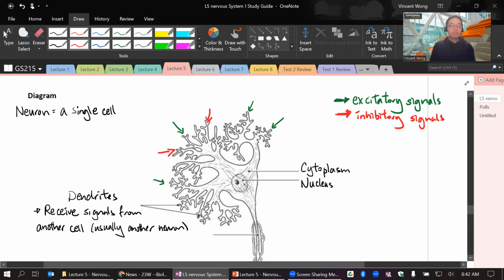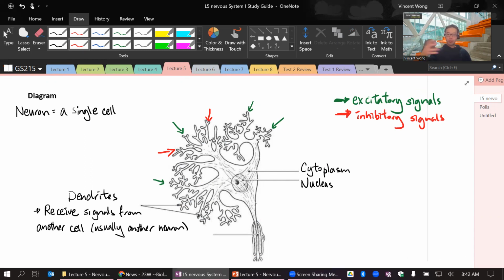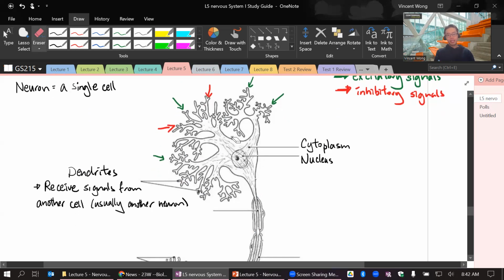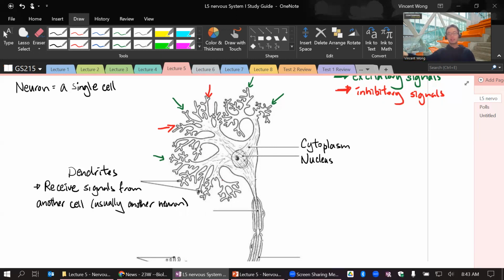So at any given time, it's possible for a neuron to be receiving a bunch of excitatory as well as a bunch of inhibitory signals. And what happens at the cytoplasm in the body of the cell is they will add up all these signals and see which one is stronger. If there are more excitatory signals than inhibitory signals, then the neuron will transmit.